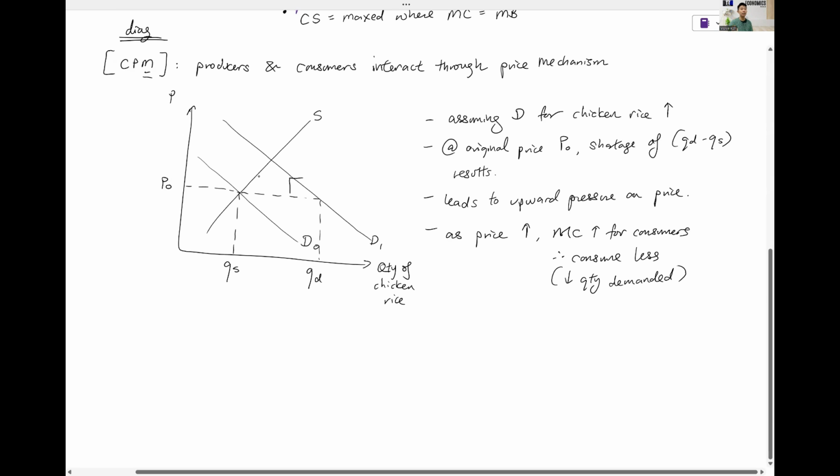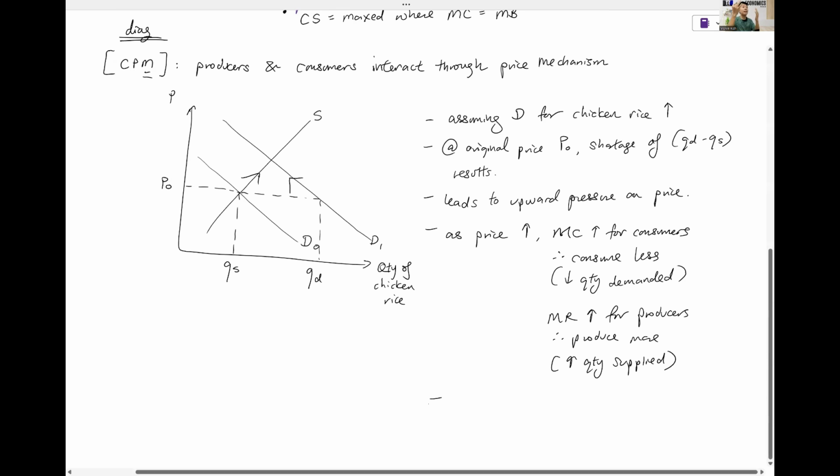To a producer, higher price is good news. To the producer, this means marginal revenue goes up. They produce more. Therefore, increased quantity supplied.